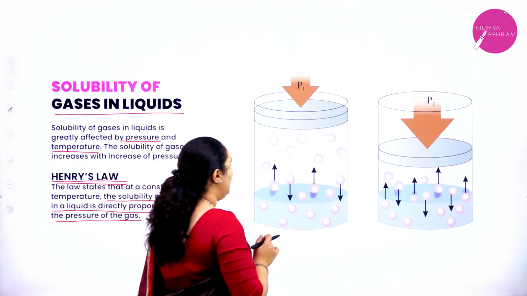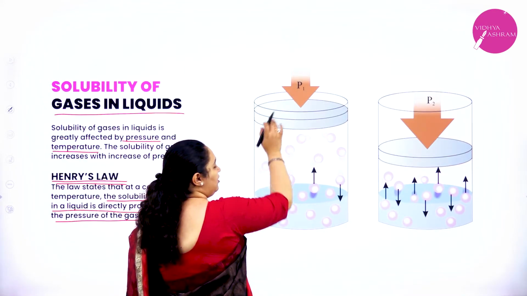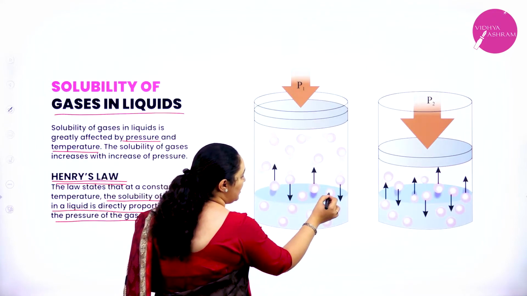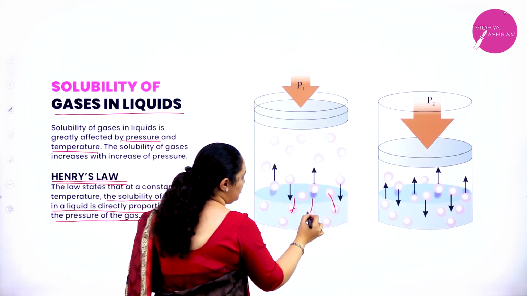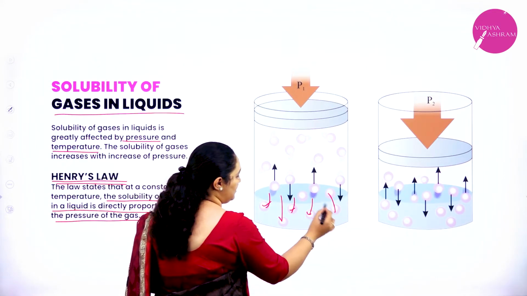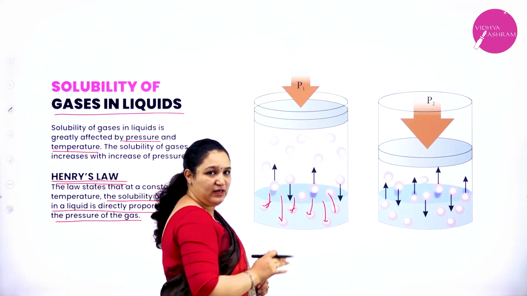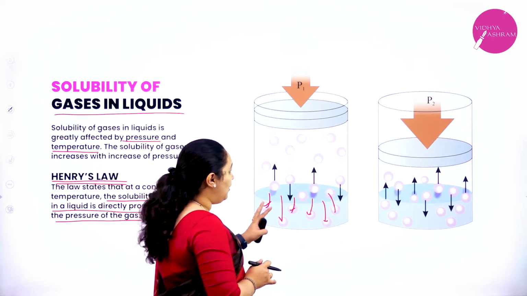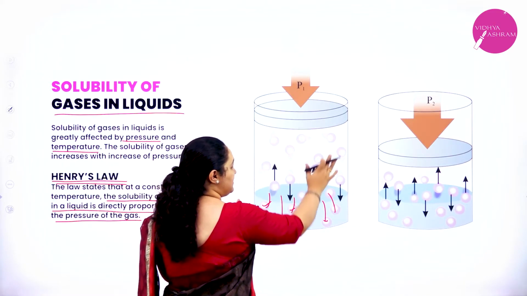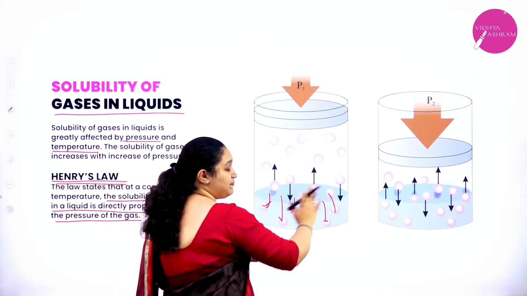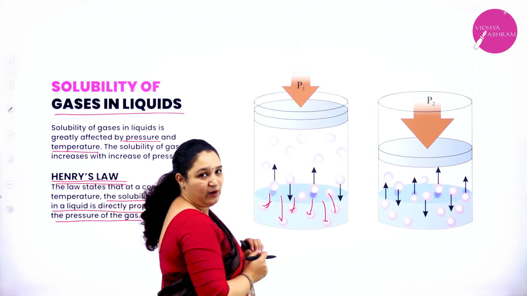If you observe, at a particular pressure, some gas particles have already dissolved in the liquid. Can you see here? And there are some gas particles randomly present in the space above the liquid.